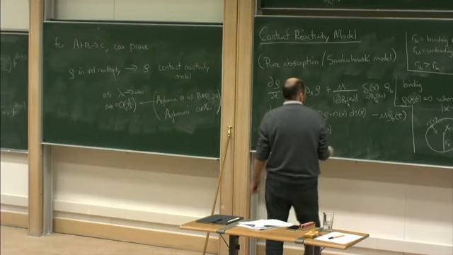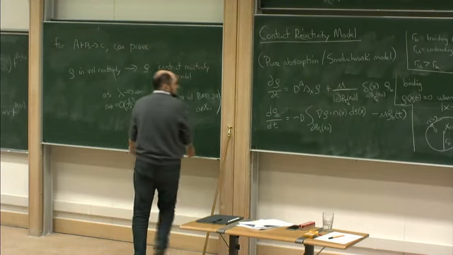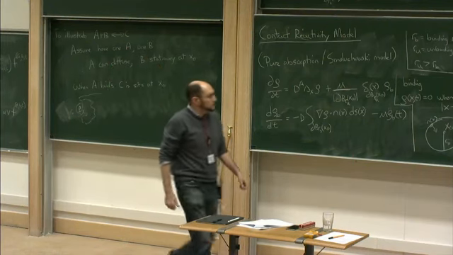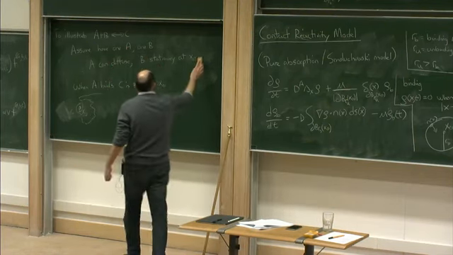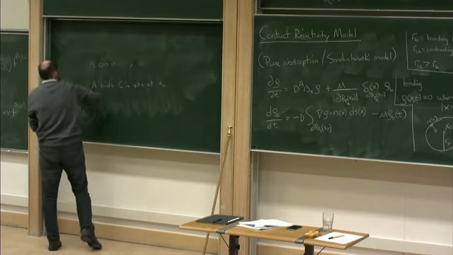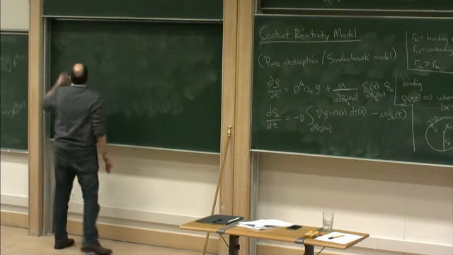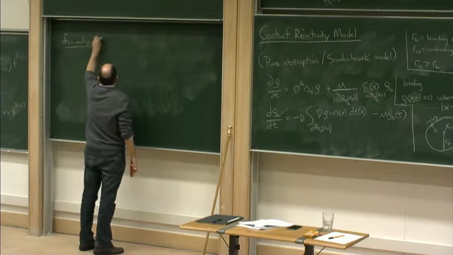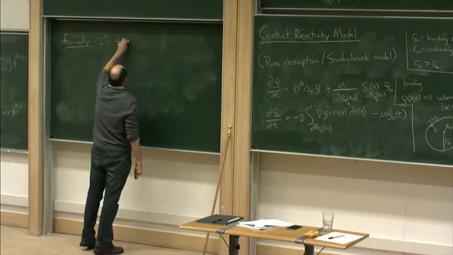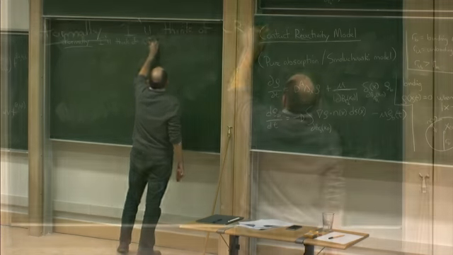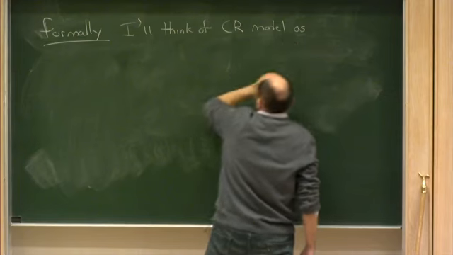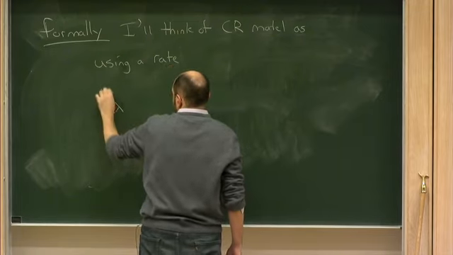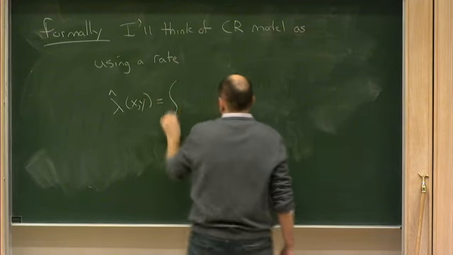At least formally, and I'm going to write this later, which is why I'm mentioning it, I'll think of the contact reactivity model as using a rate lambda hat of x, y, which is going to be infinity.